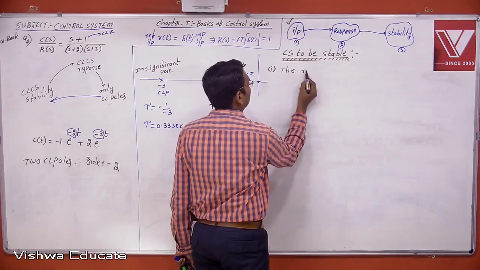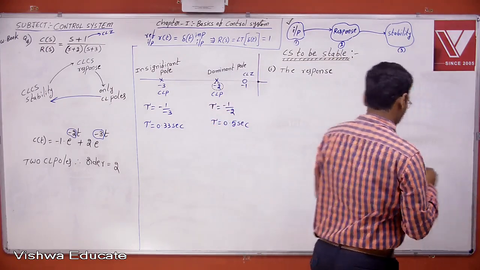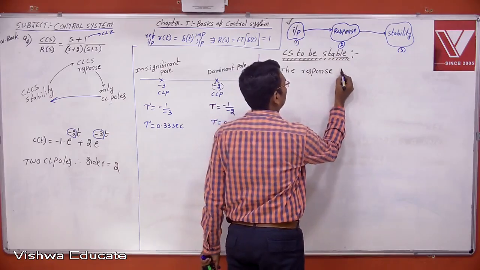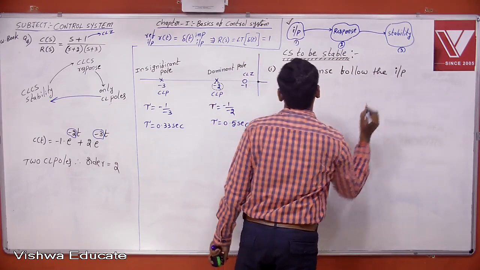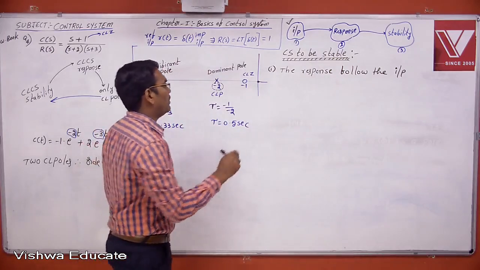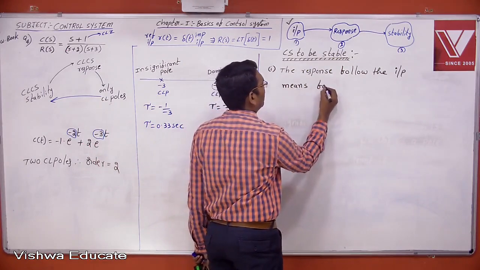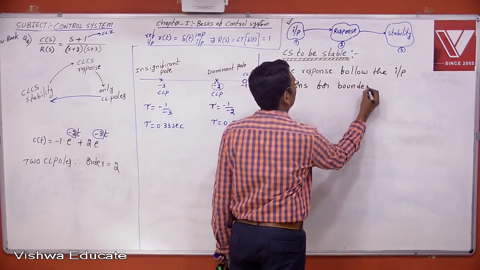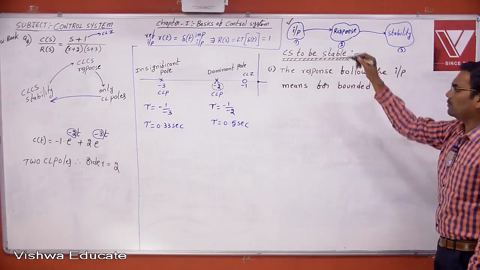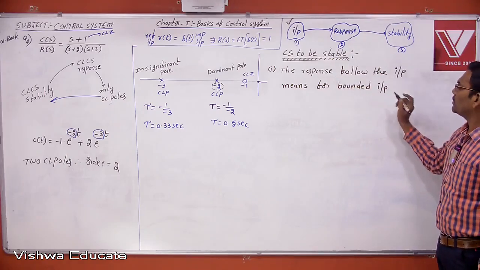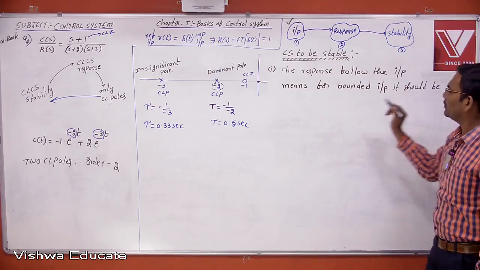The response of the control system follows the input, then for that control system to be stable, which means for bounded input, the response follows the input, means for bounded input it should be bounded output.